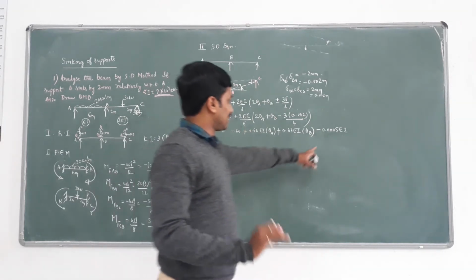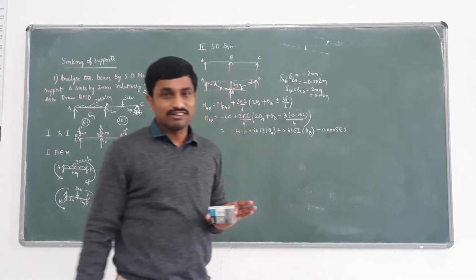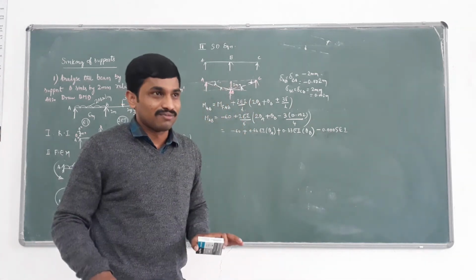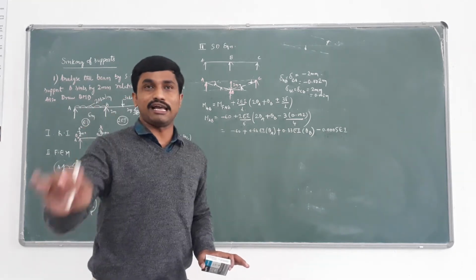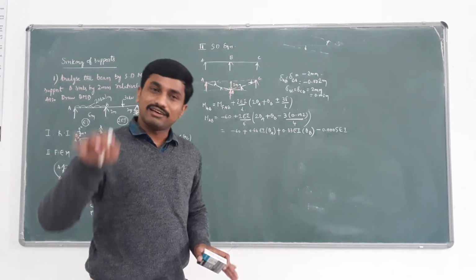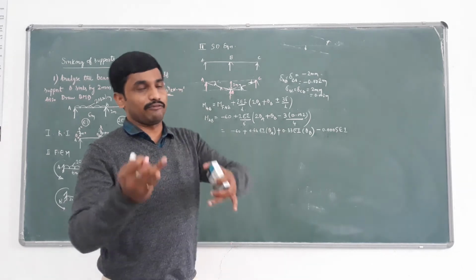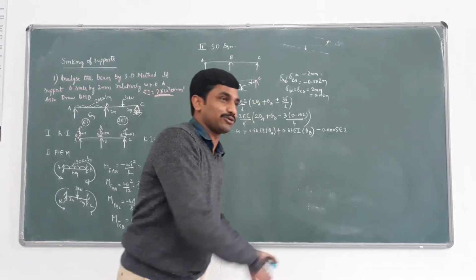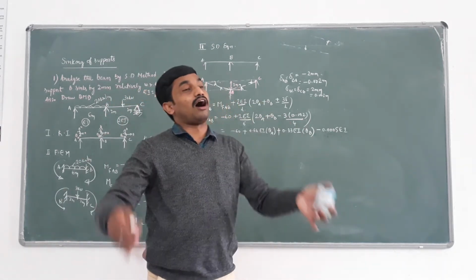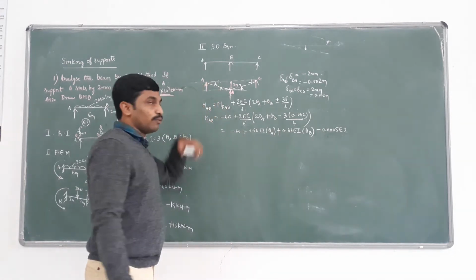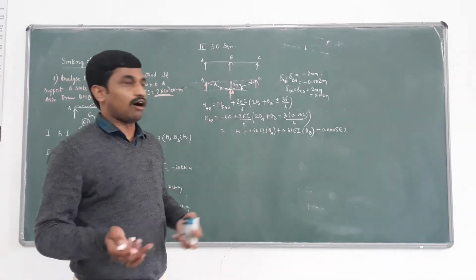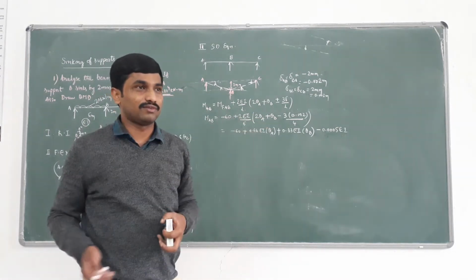Clear? Because here you are getting EI, so EI is not the unknown. So for all sinking support problems they will give EI data in the problem. They will give E separately, like 2 into 10 power 5 Newton per mm square, or I in mm to the fourth, like that they will give separately, or else they will give EI totally.